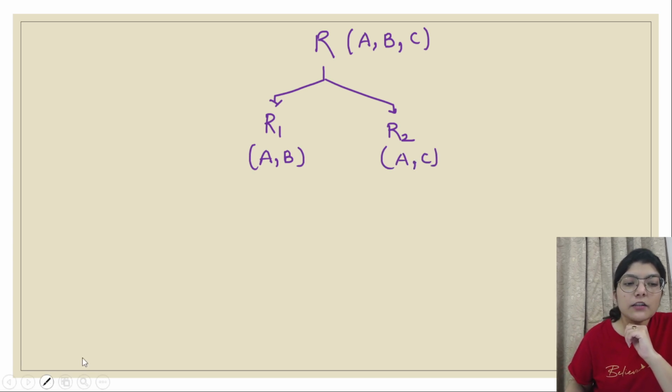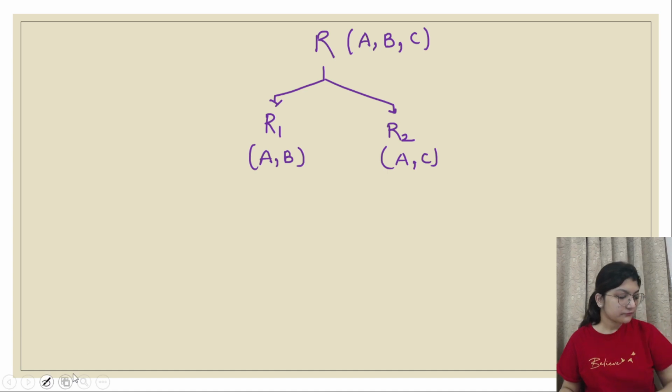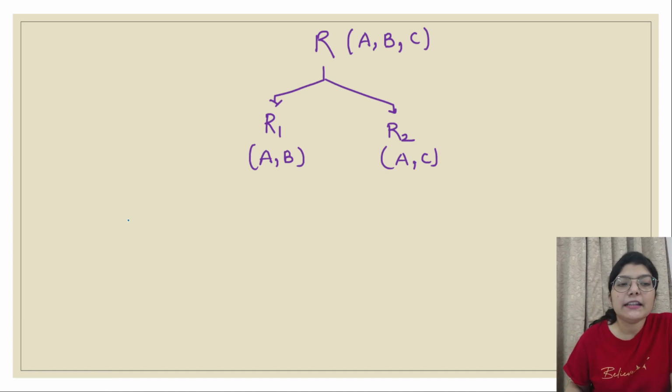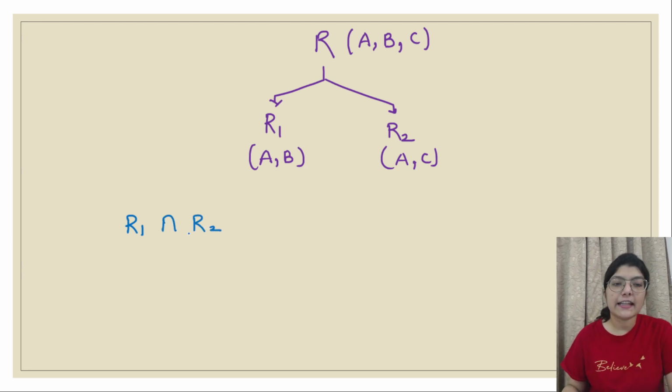So when I take the intersection of R1 and R2, suppose I get the common attribute as X.